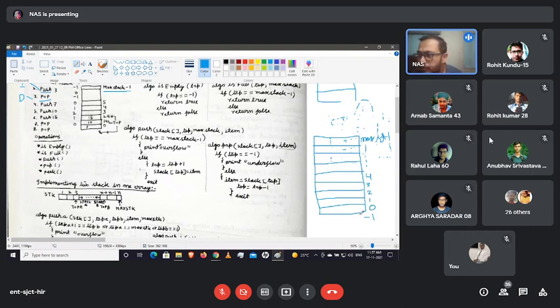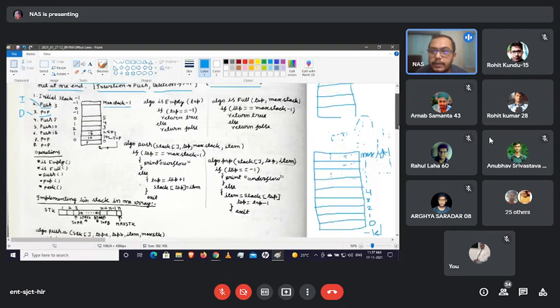If we want to do any delete or pop operation and our top is at minus 1, the pointer is at a void position. So we can conclude that the underflow condition has occurred, because there is nothing to pop out or delete. But we will come to those things later.